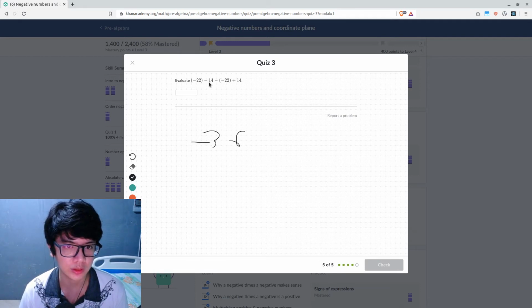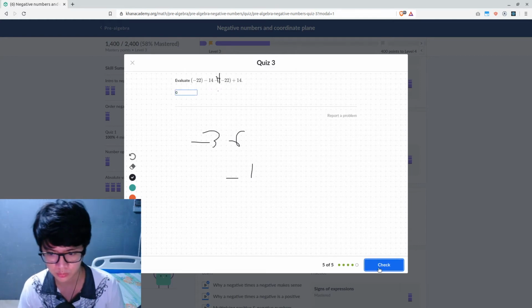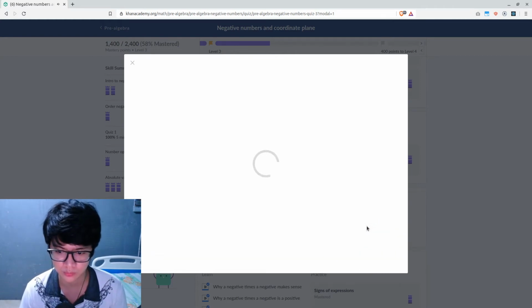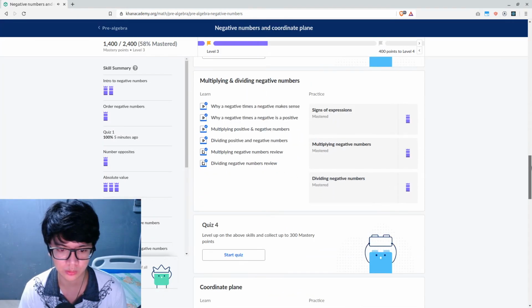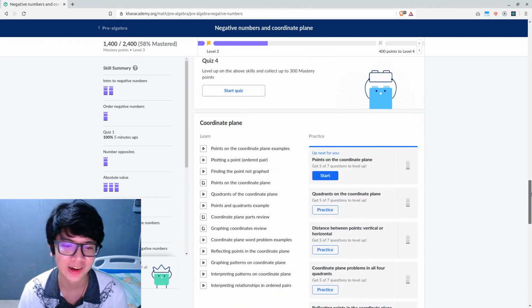Negative 36 minus negative 22. So it's gonna be turned into plus. So we're on the, oh wow, this is 0. Okay, cool. Oh my god, quiz 4.